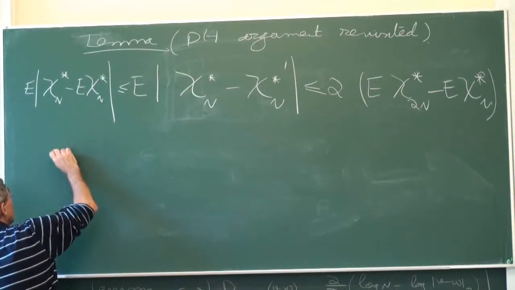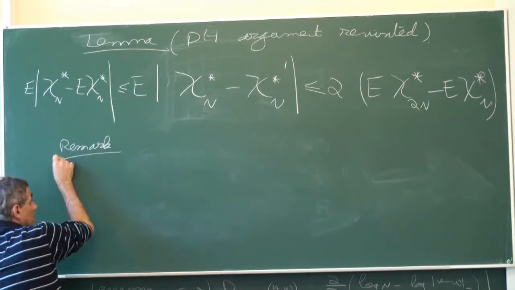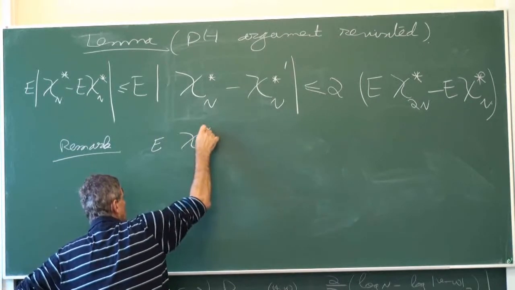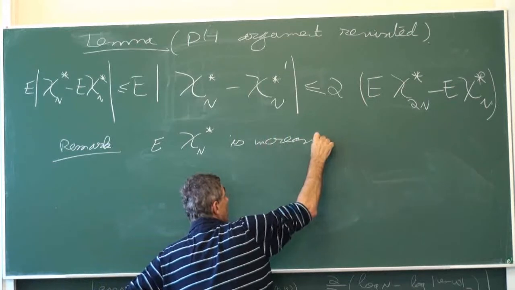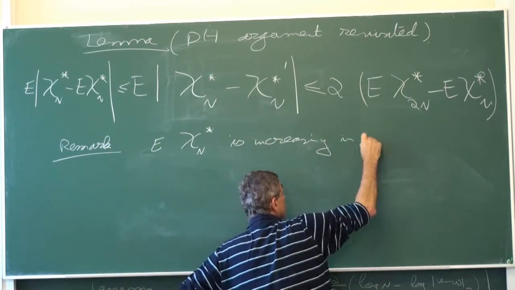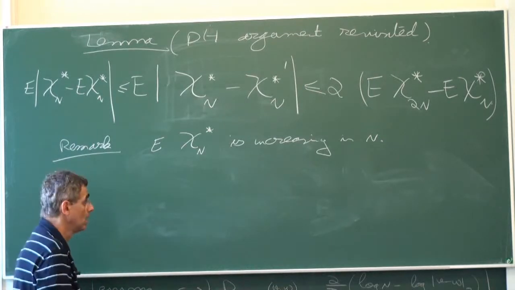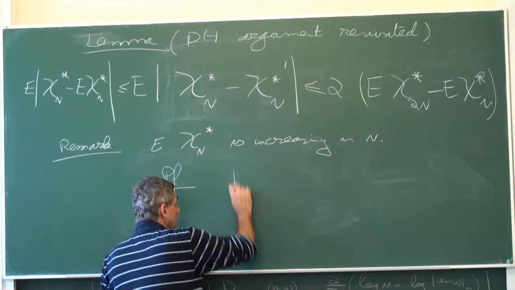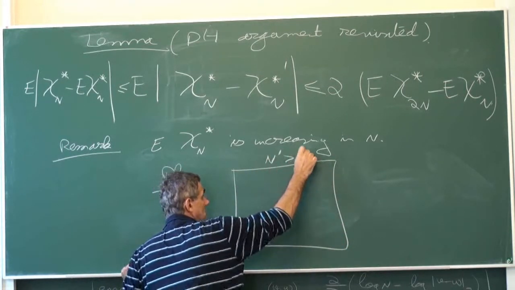So before I prove it, I want a remark. The expectation of X_n star is increasing. Proof. Let's take the field in a box of size n prime, which is larger than n.